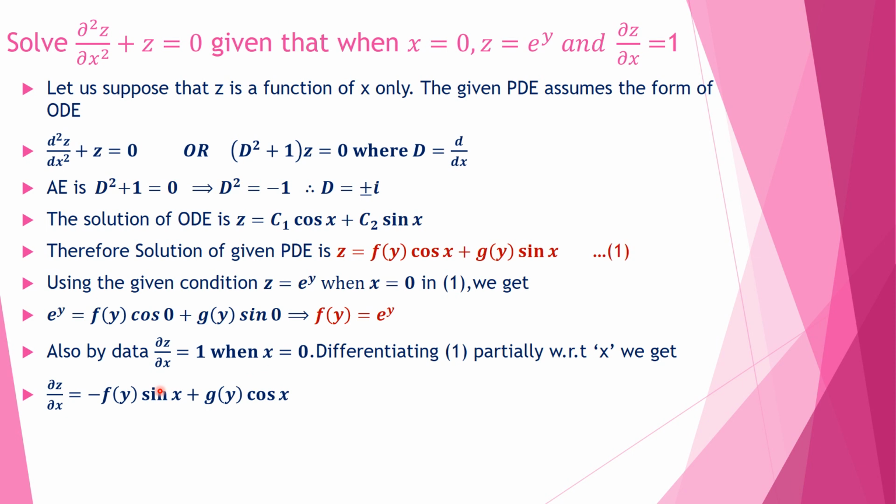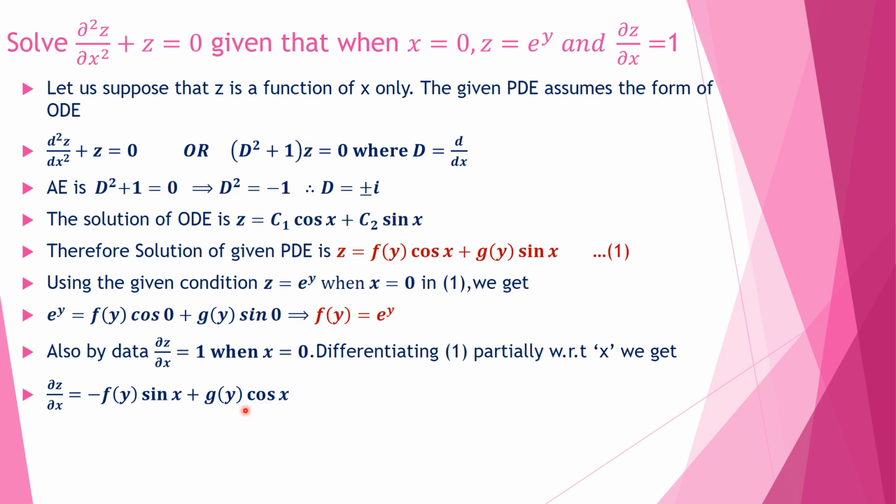So dou z by dou x equal to derivative of cos x, which is minus sin x. f of y is constant here since we are differentiating partially with respect to x, so minus f of y into sin x plus g of y into derivative of sin, which is cos x. So this is the dou z by dou x expression.